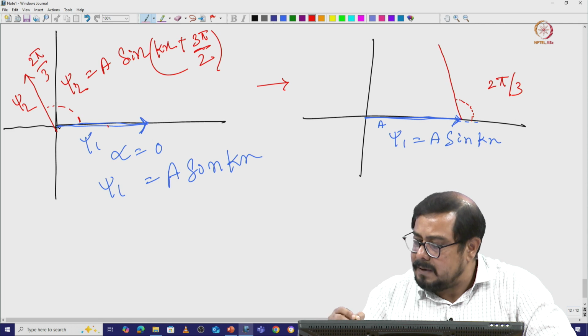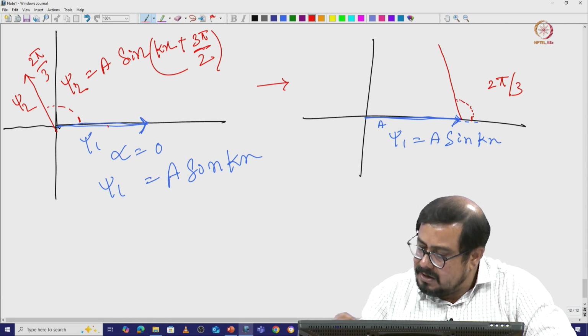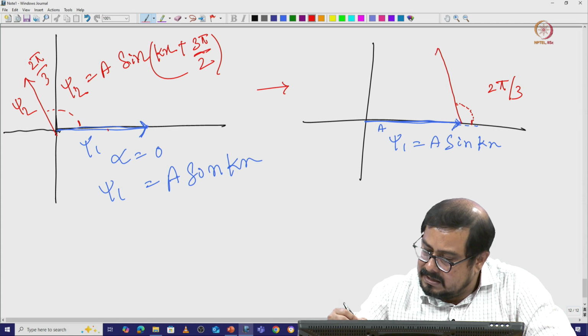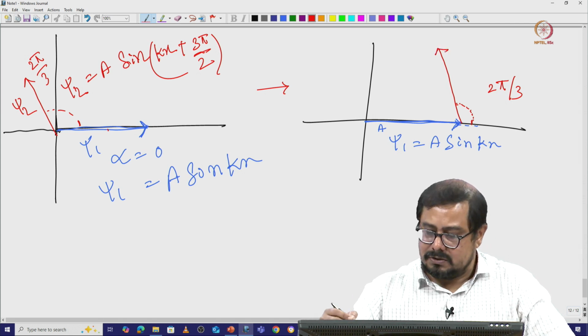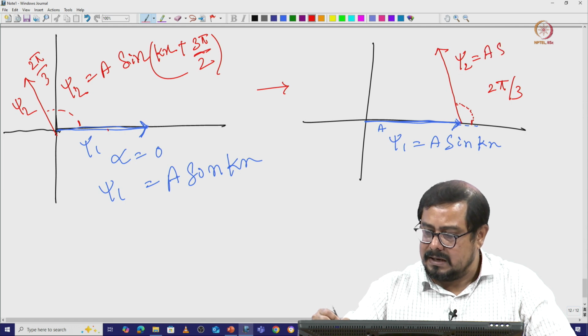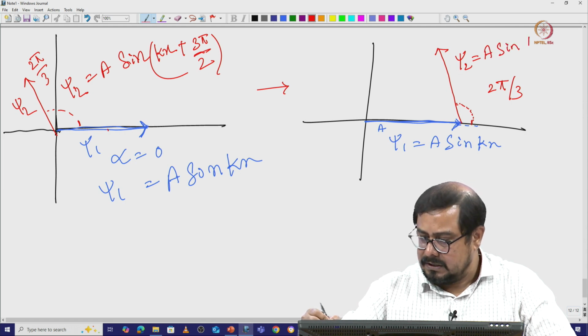From 0 I am drawing that 2 pi by 3, and this is the position of my second wave. So, wave 2 equals a sine kx plus 2 pi by 3.